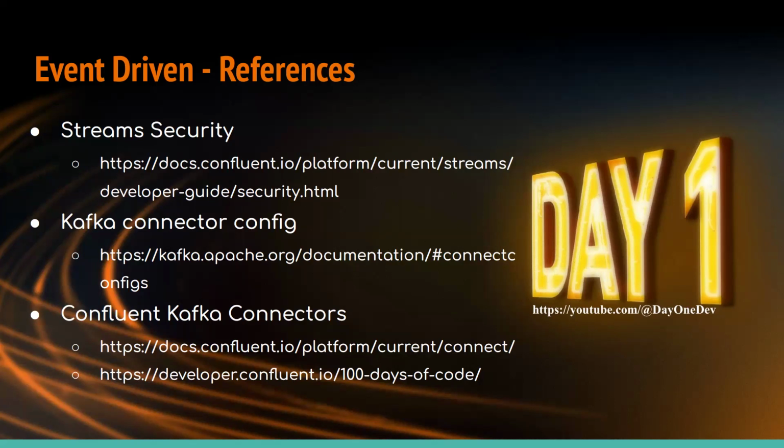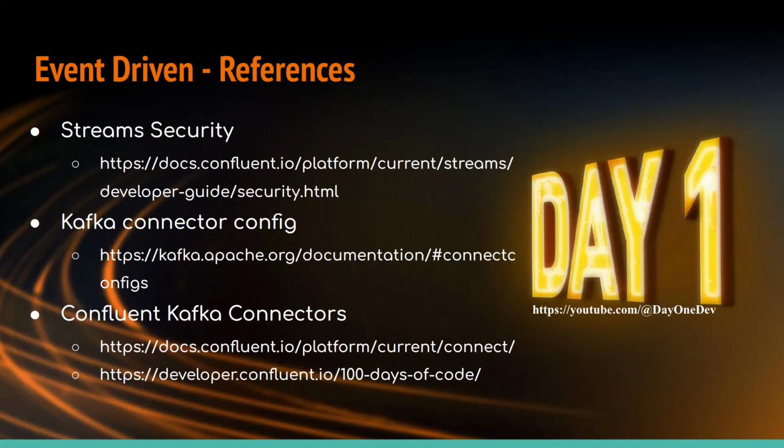So with Confluent, look at this documentation which I provided here: streaming, the developer guide and the security. The connector-related information I provided, Apache Kafka Confluent connector configurations, how to do it. This document also has examples, if you want to write your own connector, where you can build your own custom connectors if you have a custom system which cannot use standard connectors.